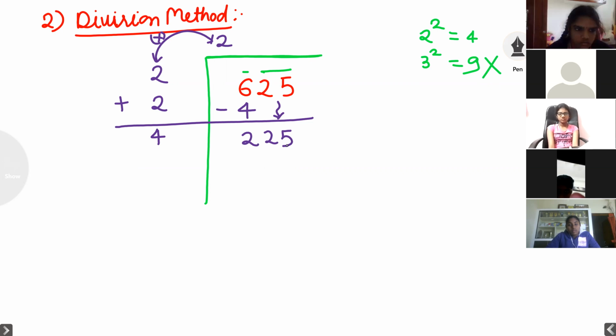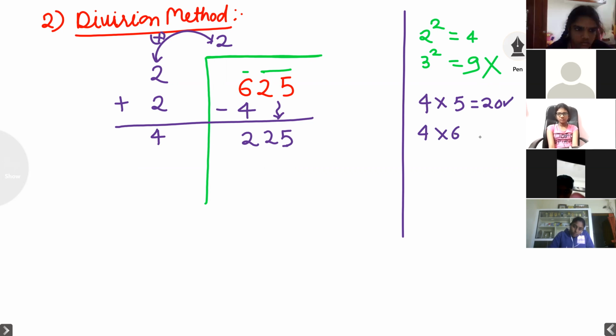Now again I want to check. With this 4, which digit can I multiply to be less than or equal to 22? With this 4, if I multiply by 5, 4 5s are 20, less than 22, okay. If I take 4 into 6, 30.